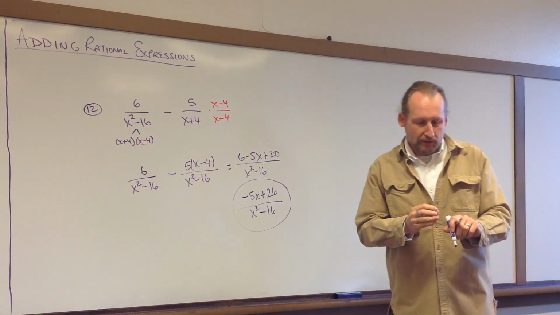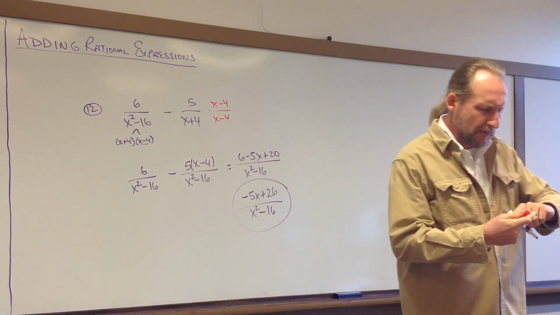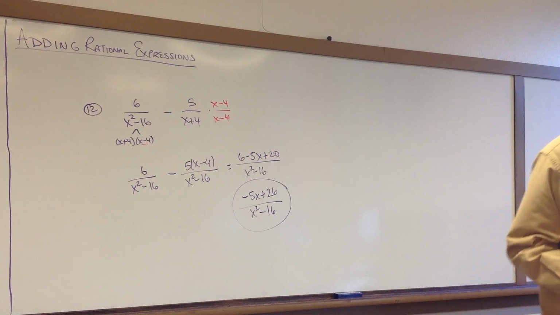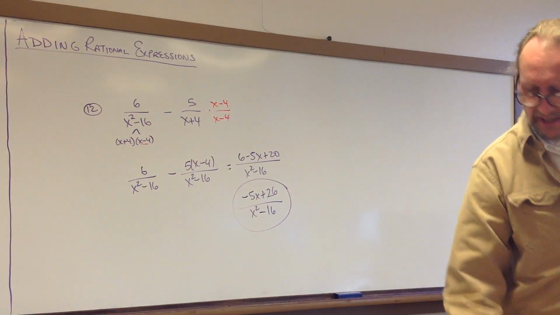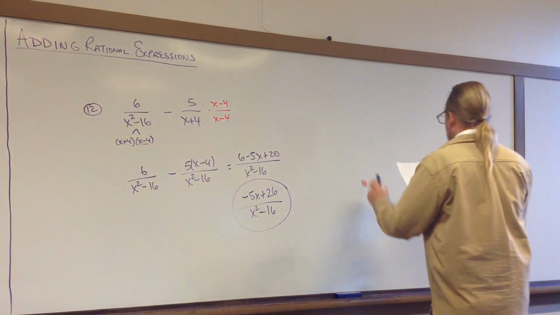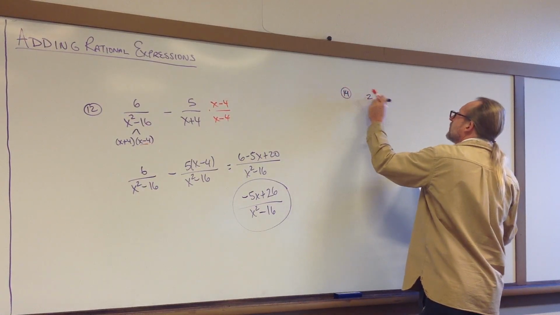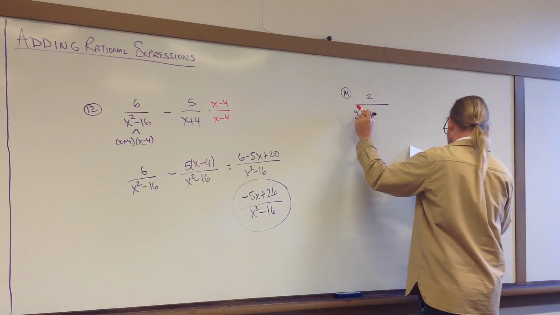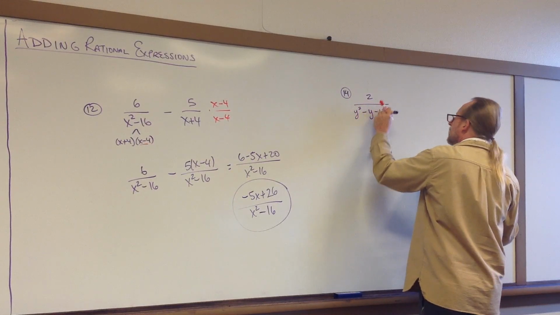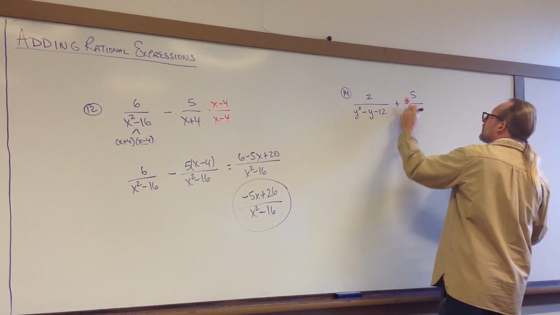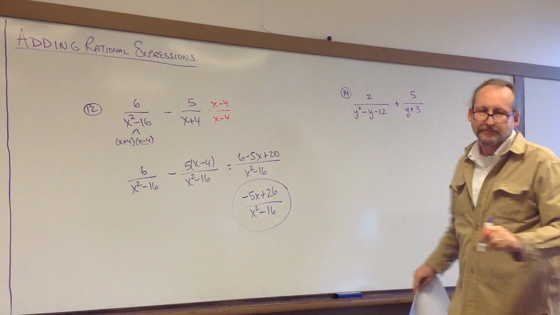Okay, so let's look at the last problem on here. Which one is this? Problem 14. Right, so this one works very similar to the way that number 12 did. Problem 14, we've got 2 over y squared minus y minus 12 plus 5 over y plus 3.